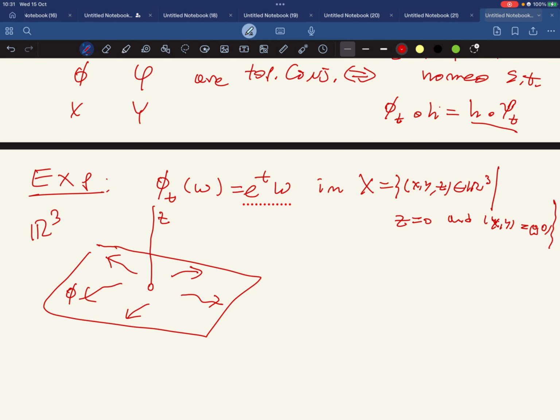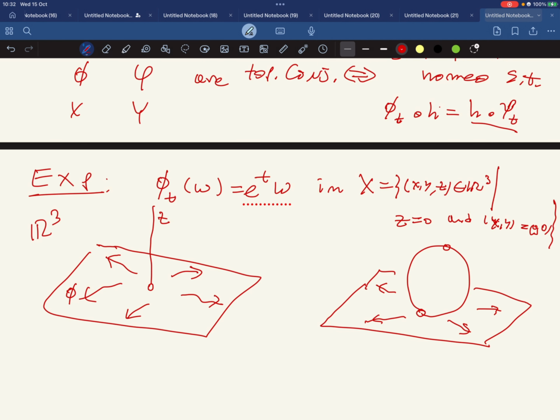This flow can be projected using the stereographic projection, and then you can use this projection to induce a flow in the sphere removing the poles.